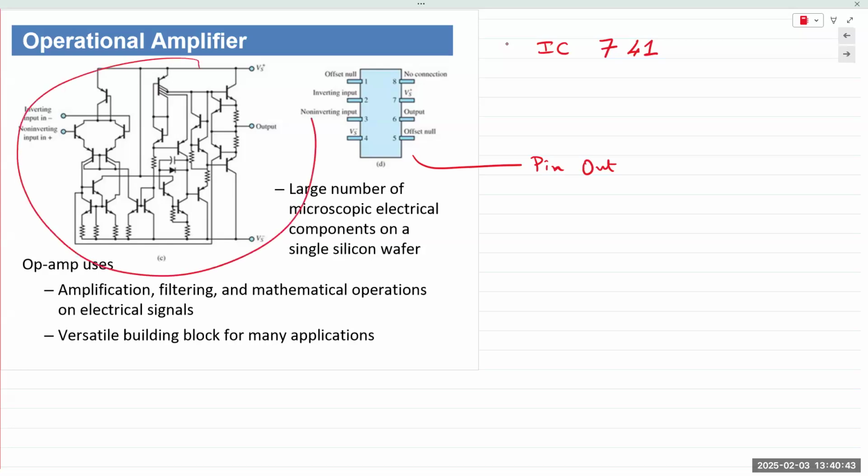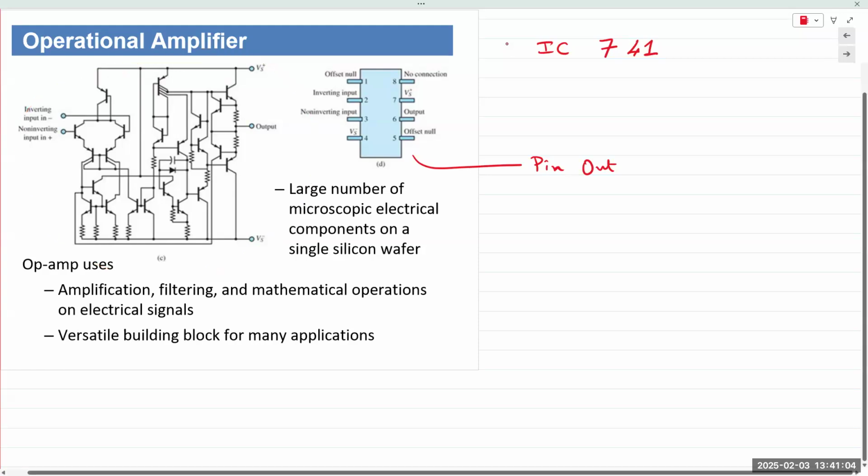And this is the internal circuitry of the 741. This is one single semiconductor microchip. Okay, all of these components are built on the same piece of silicon. All the transistors, all the resistors, part of the same silicon die.